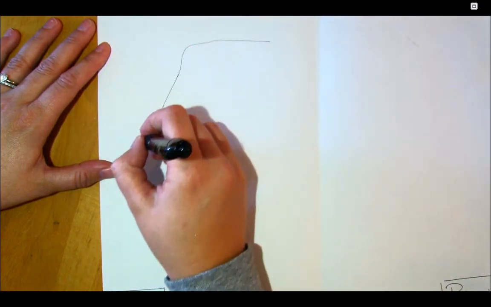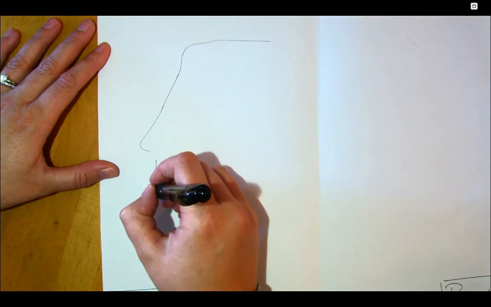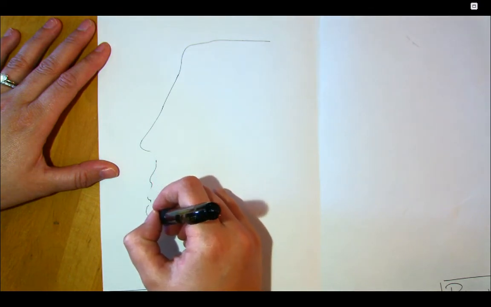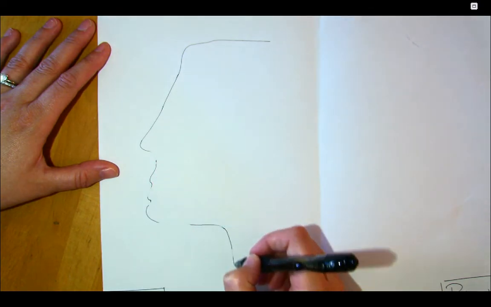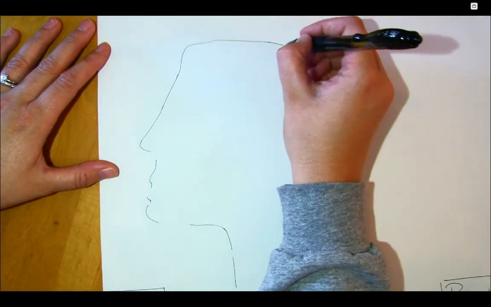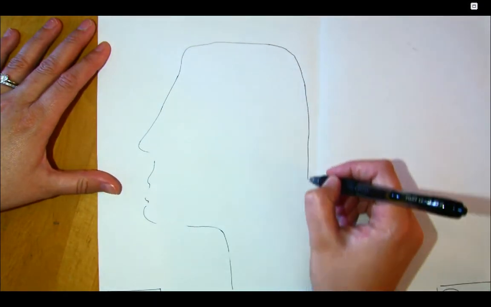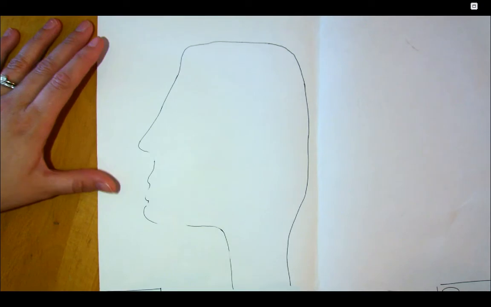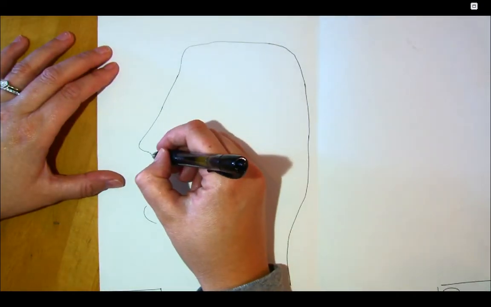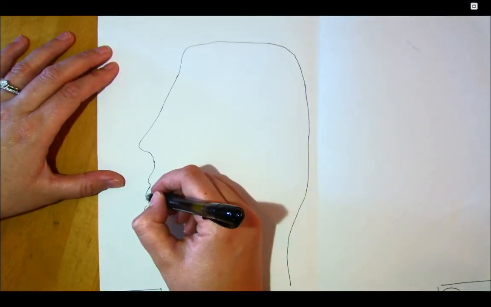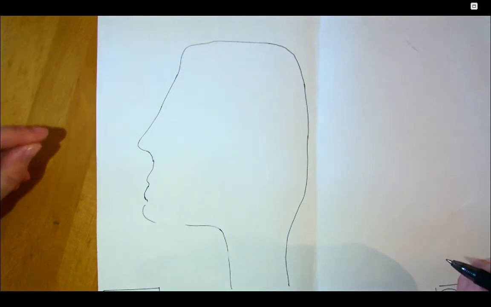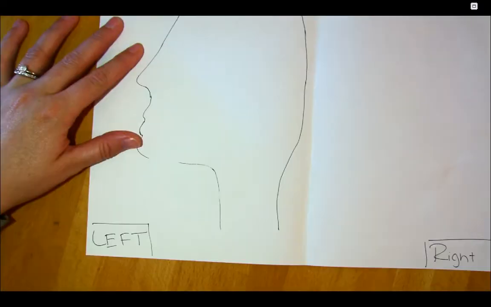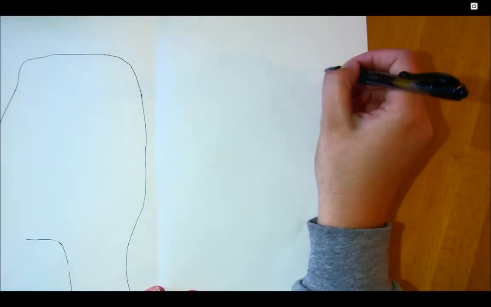Oh, this is terrible. There's his lips, neck. There's the back of his head. There we go. All right. So as you can see, I have plenty of room to draw and write around. Okay. So on the right side, I'm going to draw another head.